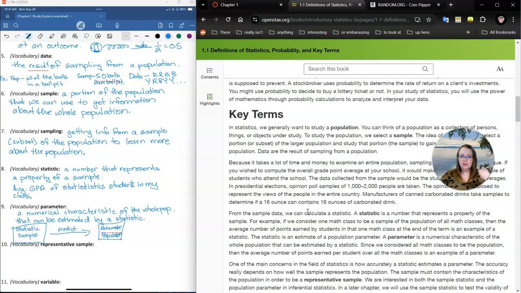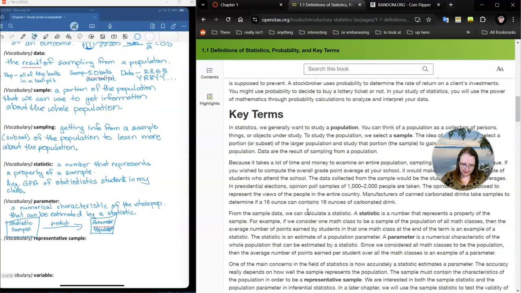And that actually gives us kind of a little memory trick. So statistics are talking about samples. You can have the average or mean of a sample and use that to predict the mean of the population. Statistics are talking about samples, parameters are talking about populations.